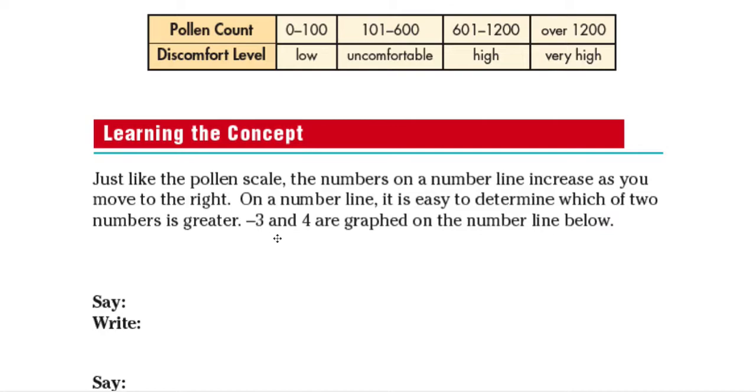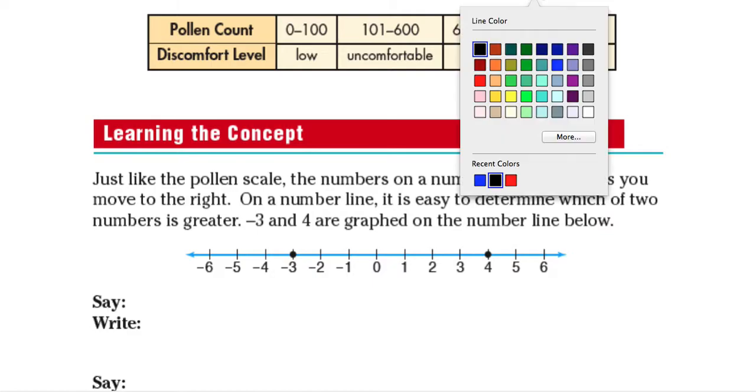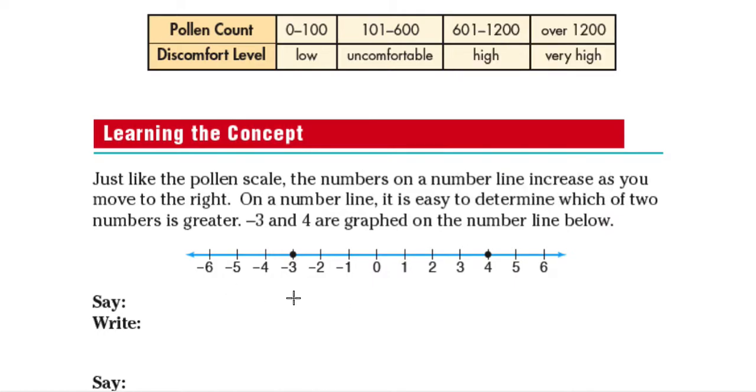For example, -3 and 4 are graphed on the number line below. This is our number line. It says the value increases as you move from left to right. So if we move from left to right, the value increases.